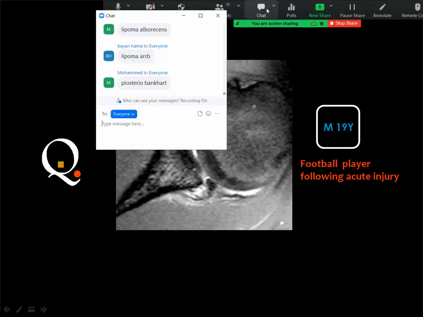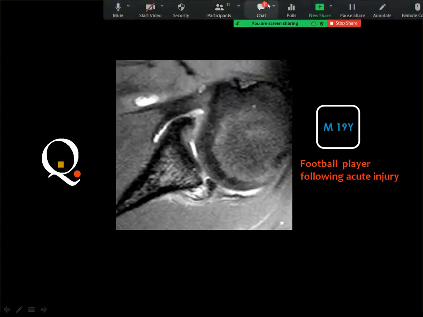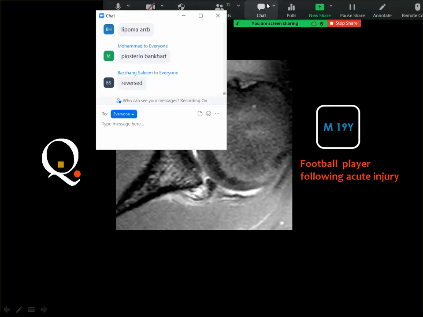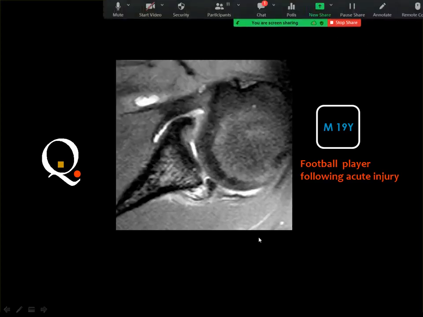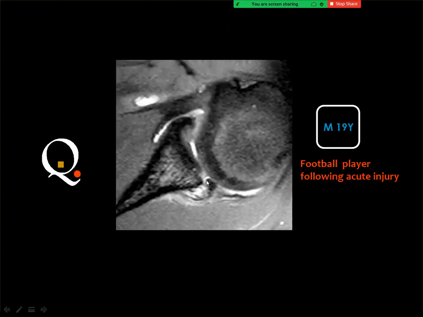Posterior labrum, good answer, but yes, this is a reverse Bankart, but if you look carefully here you see that the posterior labrum, yes, this is the right answer, which is a reverse Bankart, because the posterior labrum has been separated from the glenoid, but the periosteum connecting it to the scapula is still intact, and the labrum is displaced a little bit medially.